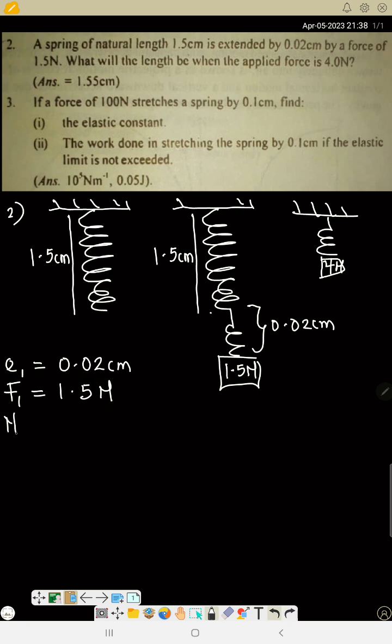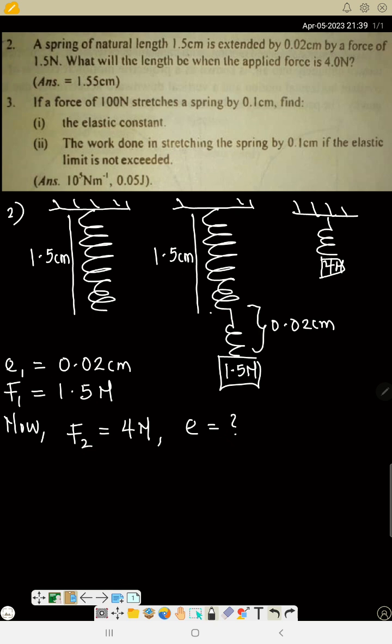Now if you apply a force of 4 Newton, so F2, then what is the extension? If we know the extension, then we can know the new length if you extend it by 4 Newton. So remember from this diagram, I'll just change this diagram.